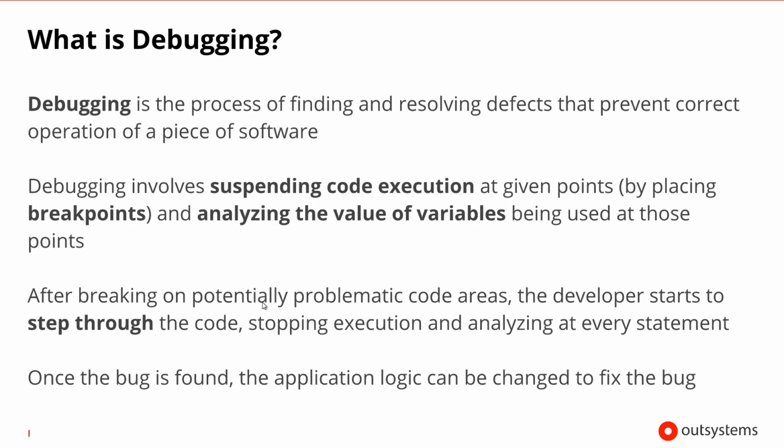So if we break at a potentially problematic code area, then we can begin stepping through the code and allowing each piece of code to execute individually so that we can analyze each statement and the variables that are available at that time. Once we find the bug, then we can attempt to change the application logic to eliminate the bug.